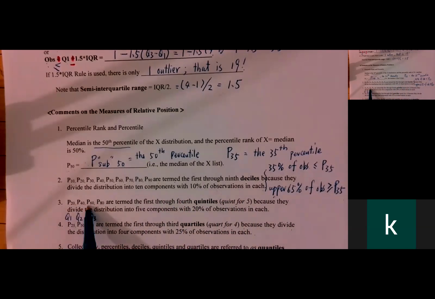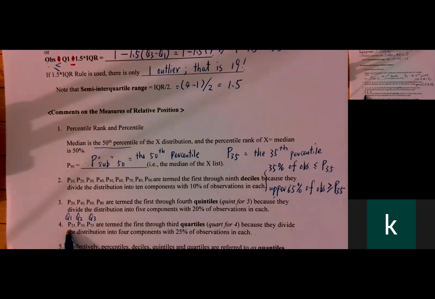P20, P40, P60, P80. These 4 numbers are termed the first through fourth quintiles, quint for 5, because they divide the distribution into 5 components with 20% of observations in each.